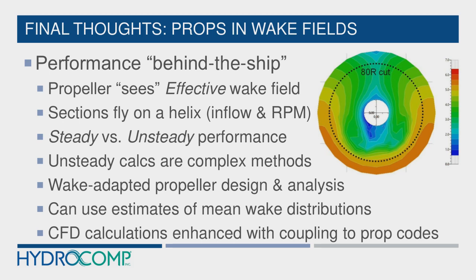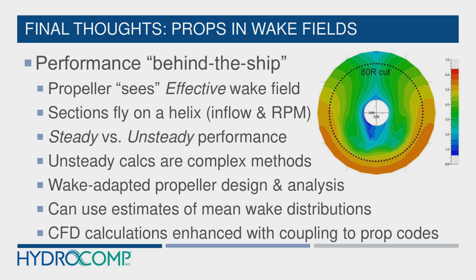Unsteady calculations are more complex than the steady because they need to deal with chordwise variation in velocities and also some of the shed vortices that are part of the added drag and the flow that gets carried into the wake.